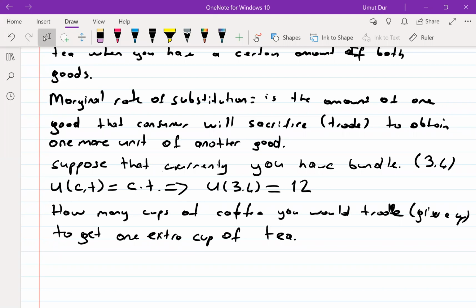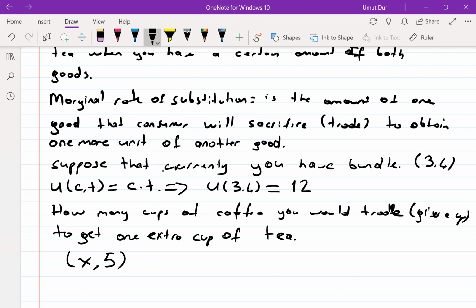So how do we find it? We are looking for x, and we are increasing the amount of tea that we would like to consume by 1, so we would like to get 5 cups of tea.